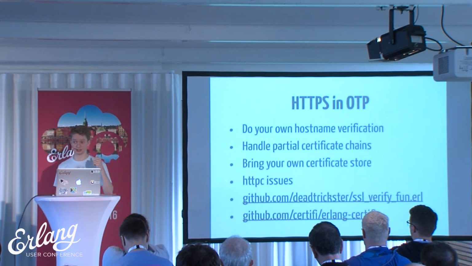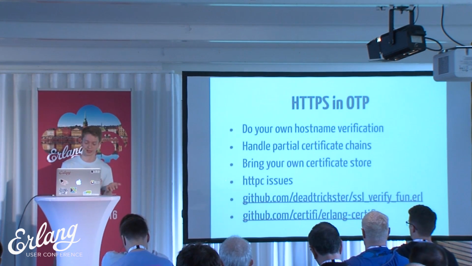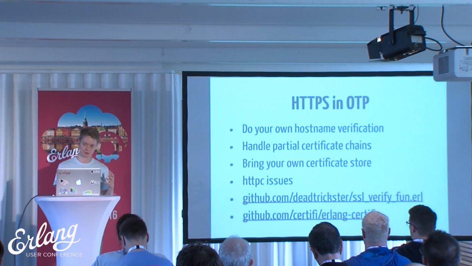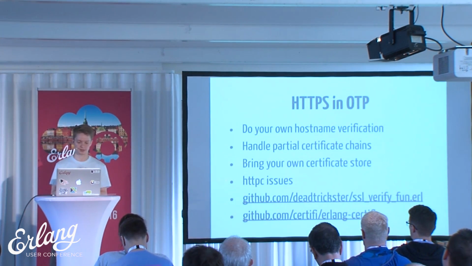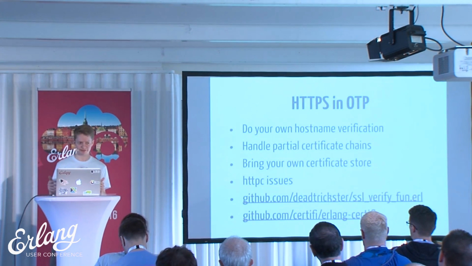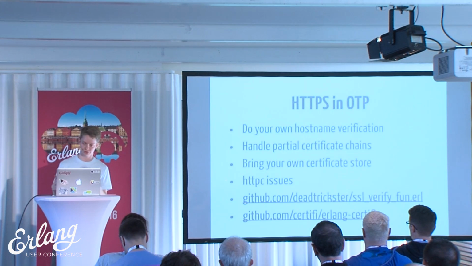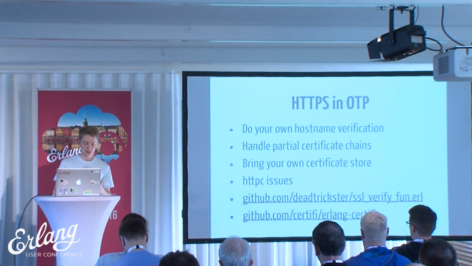And HTTPC, the HTTP client that ships with OTP, lets us do this. But out of the box, you don't really get all of what you commonly see as HTTPS. In fact, it's quite insecure to just use the HTTPS that you get for free.